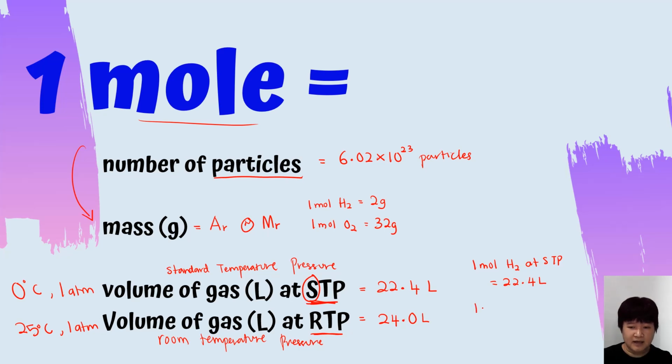The same gas I put into RTP, so I have another 1 mole of hydrogen gas, but I put it at 25 degrees Celsius, means I have 24 liters. The different volume is due to the different temperature: 0 degrees Celsius, 25 degrees Celsius.